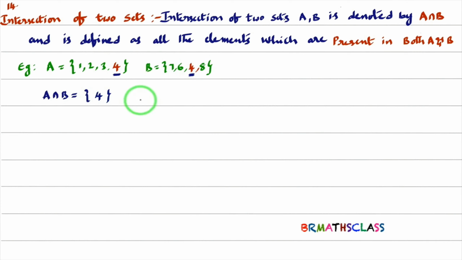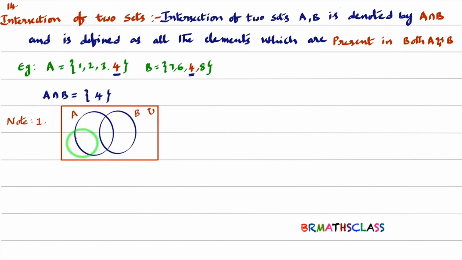Now we will try to understand what is intersection of sets more clearly by using Venn diagram. You observe here, I consider two sets A and B, and this box we treat it as universal set. If you observe this box, total 4 parts are there in this. This first part, and this is the second part, and this is the third part. Other than these circles, whatever the remaining part is there, that is the fourth part.